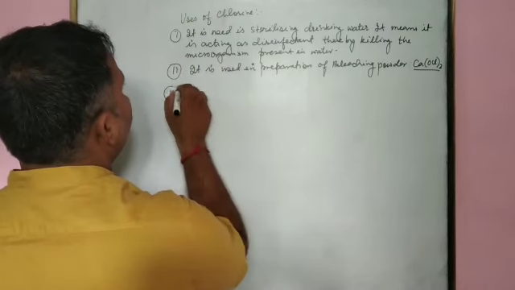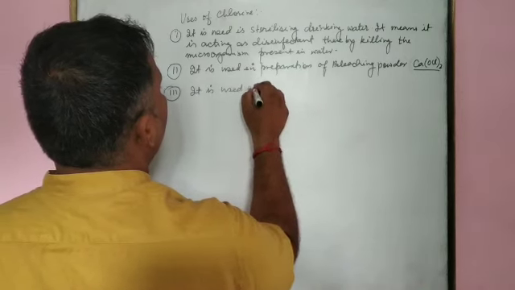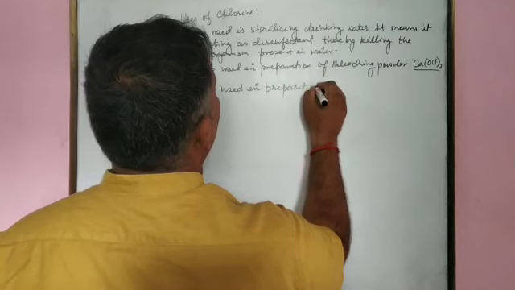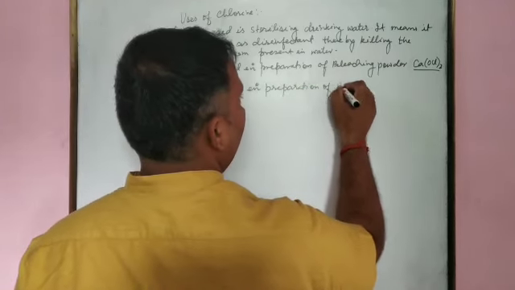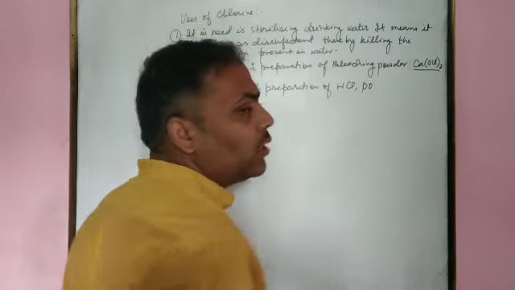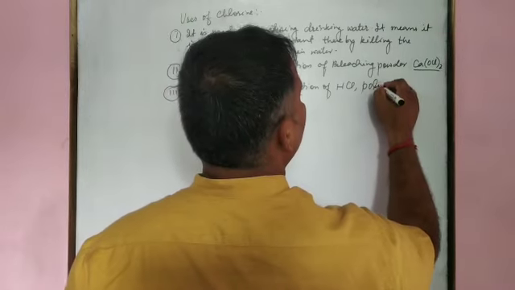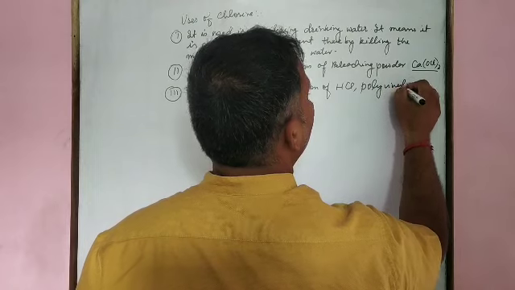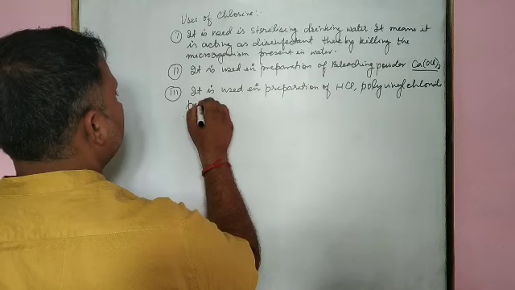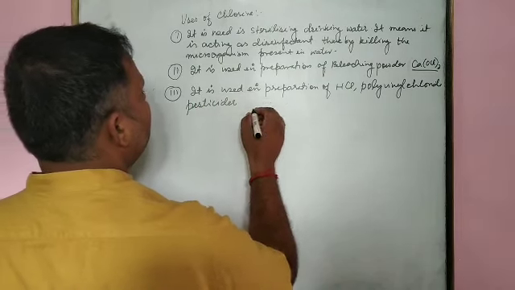The next, it is used in preparation of HCl, polyvinyl chloride, that is the covering of the wire. PVC is a polymer. Polyvinyl chloride, pesticides, chlorofluorocarbon.